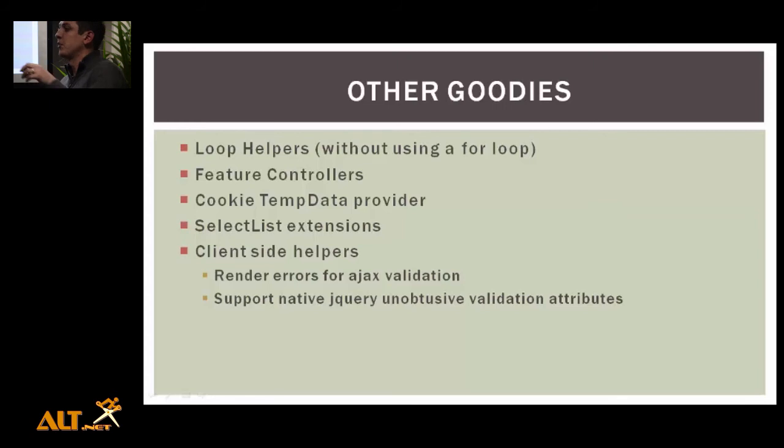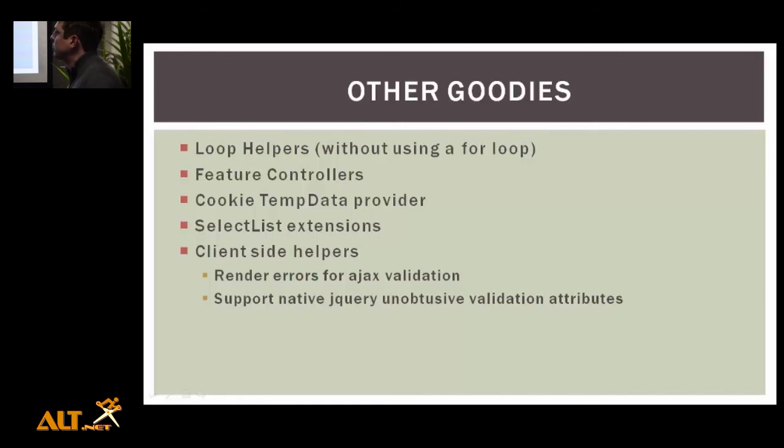So you've either got to create an I outside of the for each and then increment it at the bottom, or all of this stuff that just makes it a little bit more painful than it should be. With the loop helpers, you can just say HTML.loop, pass it the enumerable, and then inside that you get another HTML.input, and that is only the property on that list. So it does the iteration and everything for you.